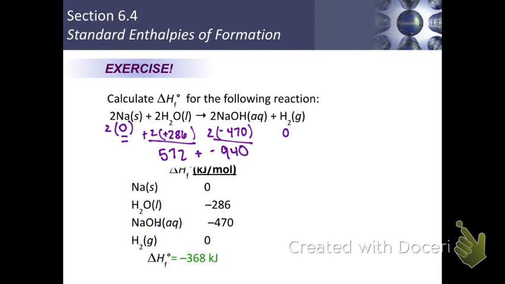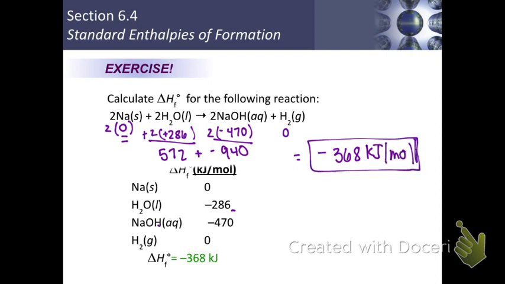And so that gives me a value of negative 368 kilojoules. Not per mole, just regular kilojoules, because we accounted for the mole ratios here.